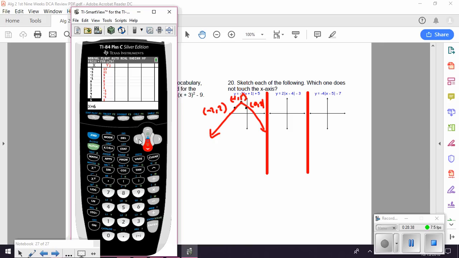It was 4, -3. So 4, -3 was here. We can use 2, 1, which is here, and 6, 1, which is here.